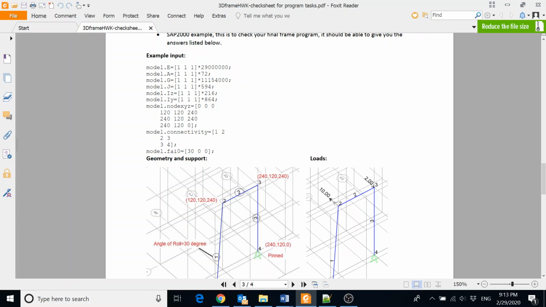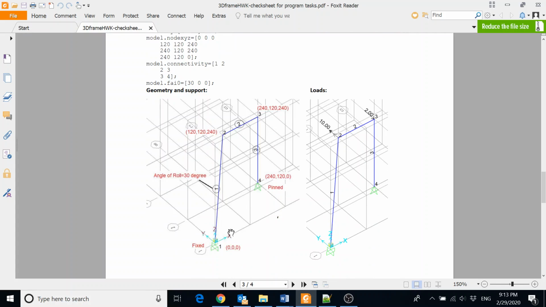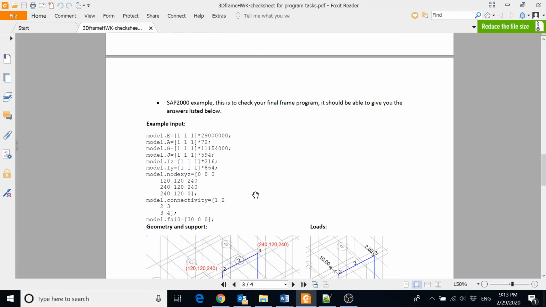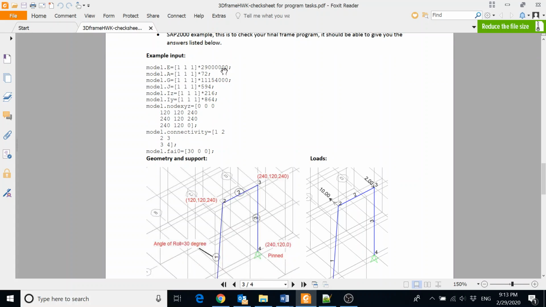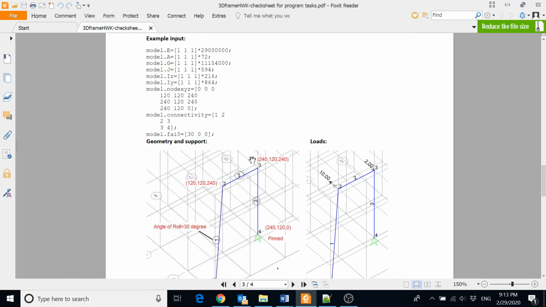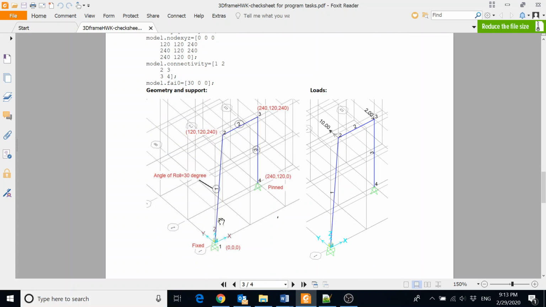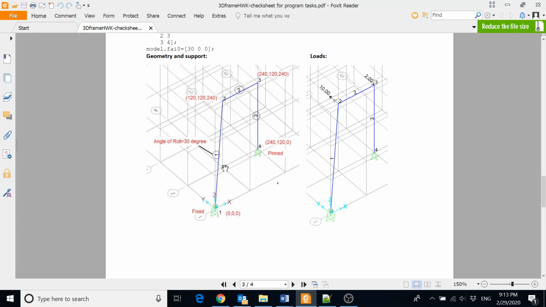If everything works, I would suggest you build an example, something like this. It's a 3D frame, 3 elements. I originally did it in SAP 2000. So what you need to do is actually do this in Robot and get your displacement and all that.